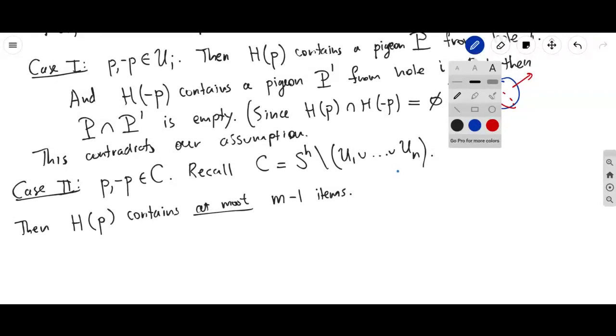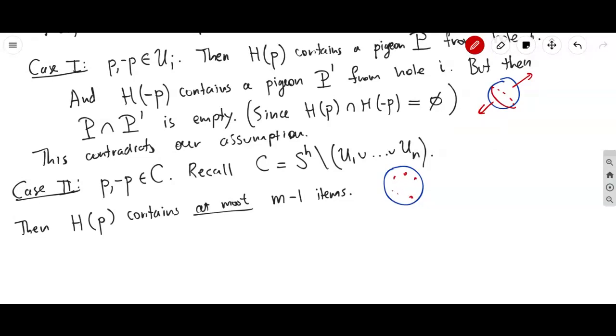So the picture here is, if you position your items on the sphere and you draw your hemisphere, then the original items that have been placed on the sphere, the hemisphere can only contain m minus 1 items.